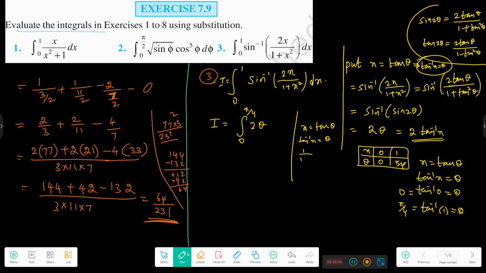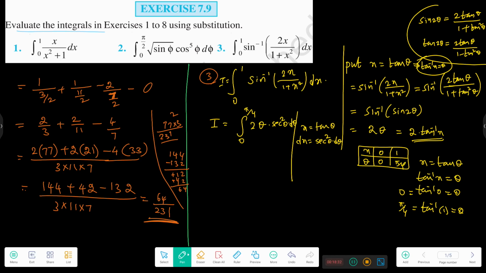When you differentiate, 1 divided by 1 plus x square. Directly you differentiate, so dx is equal to secant square theta into d theta. So instead of dx, you can write secant square theta into d theta.